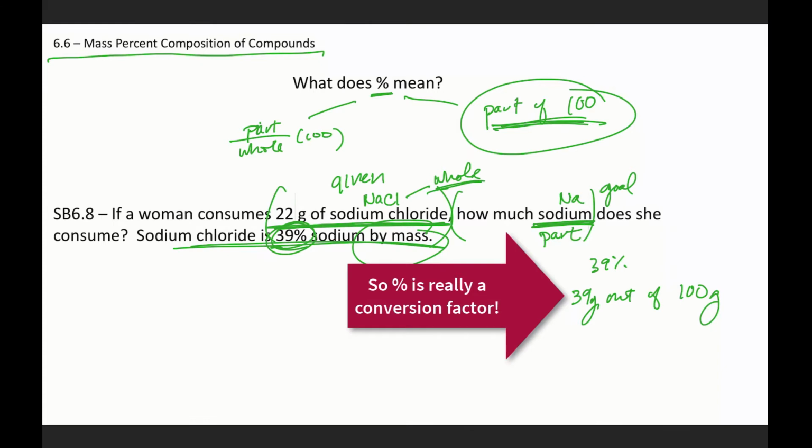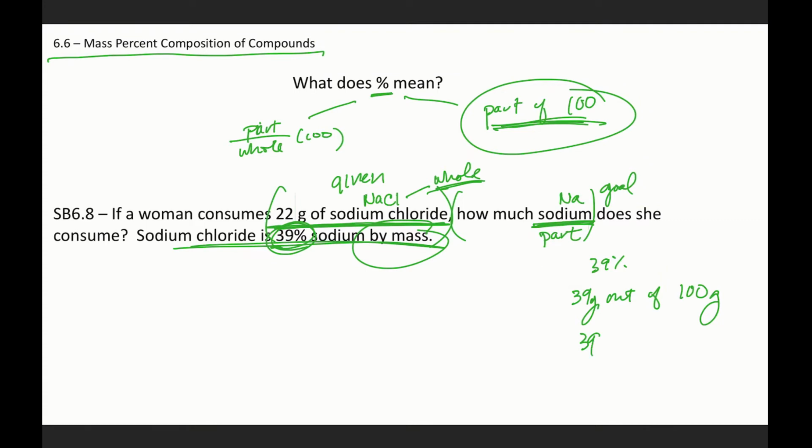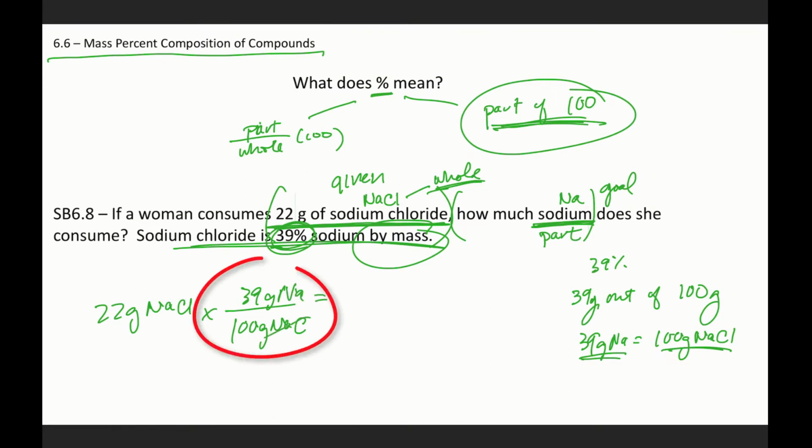Now this is most useful if I can write it as a conversion factor, which means 39 grams of sodium are equal to 100 grams of NaCl. 39 is my part, 100 is my whole. So that just becomes a conversion factor. If I have 22 grams of NaCl, I just put my pieces where they belong: 39 grams of sodium for every 100 grams of NaCl. And now we have solved.